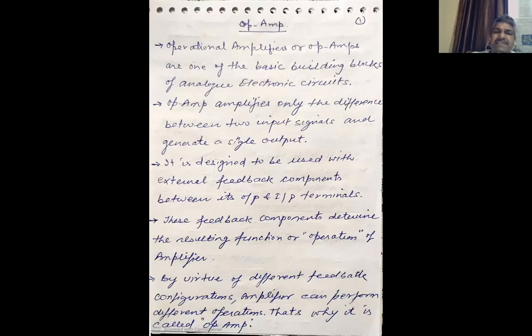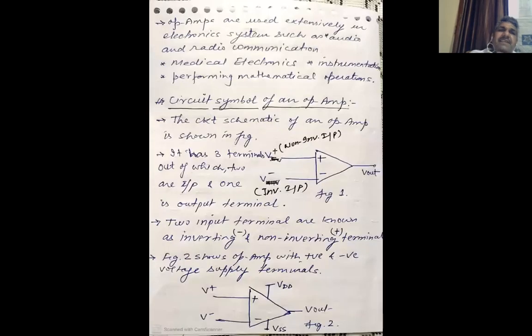That's why it is called an operational amplifier. In the early days, op-amps were mainly used for performing basic mathematical operations such as integration, differentiation, addition, and subtraction. That is the reason why it is called operational amplifier.